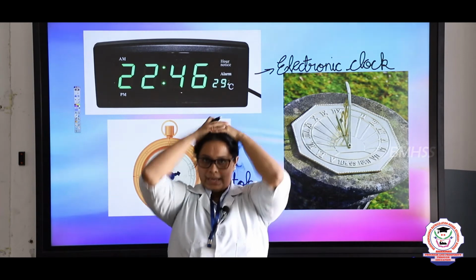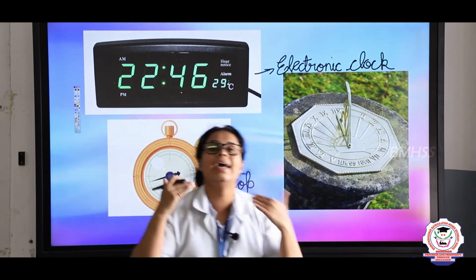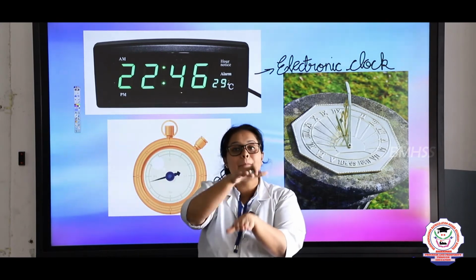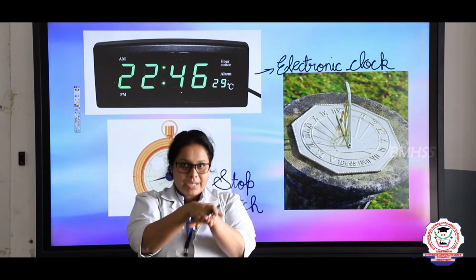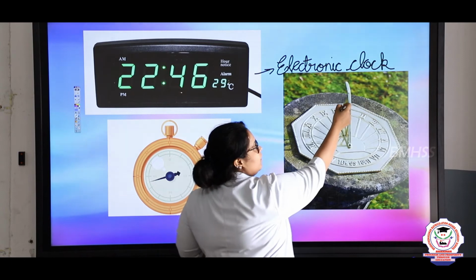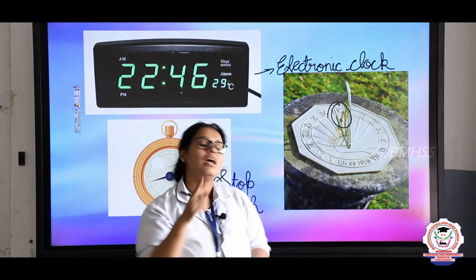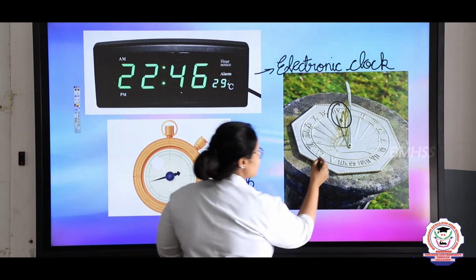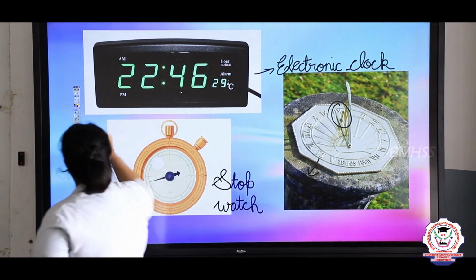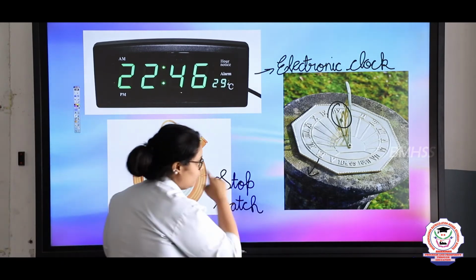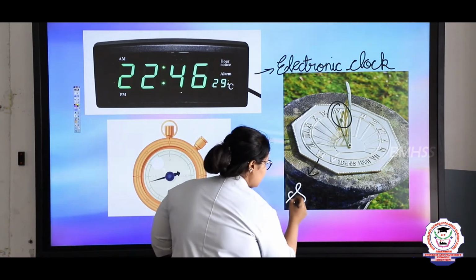The sun will be on the head. When it is on the head, it will be perpendicular. So when it is perpendicular, the shade will come directly on 12 and you will get to know the timing is 12. So what is this clock's name, children? This clock's name is sundial.